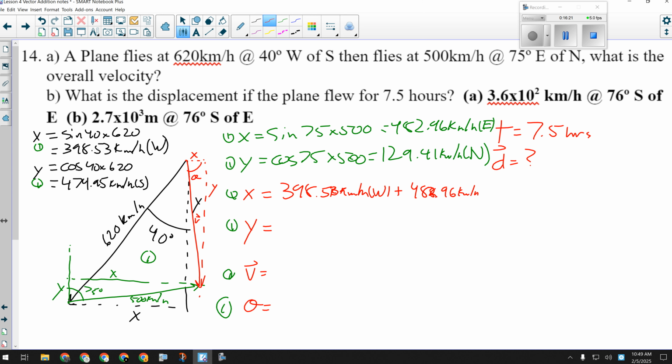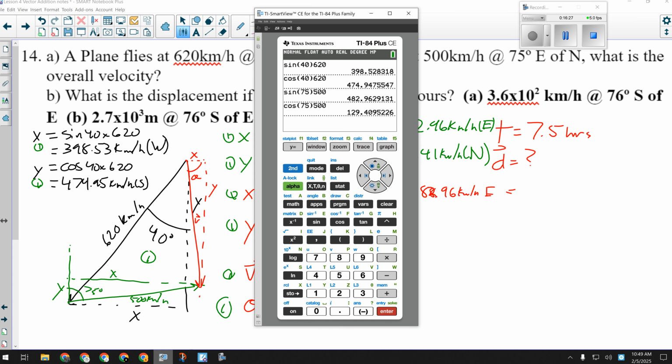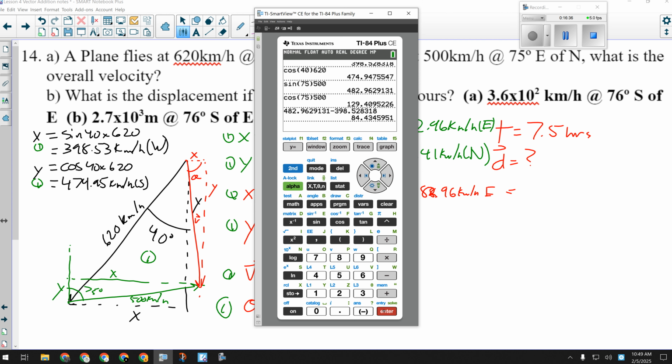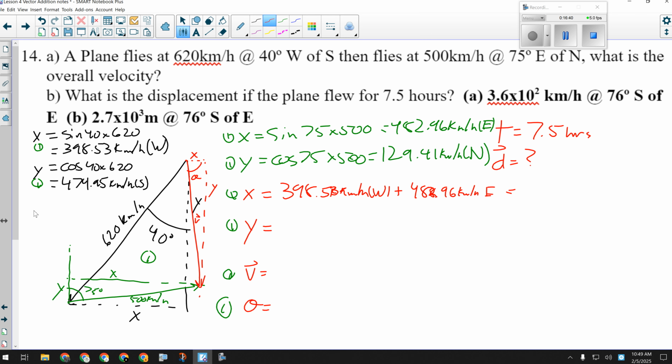So basically I'll be subtracting those two in order to get my total x here. So I'll take that 482 and I'll subtract the 398. So my resultant x is 84.43 kilometers per hour east.